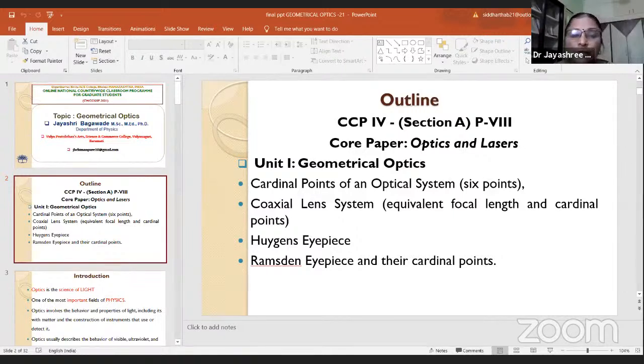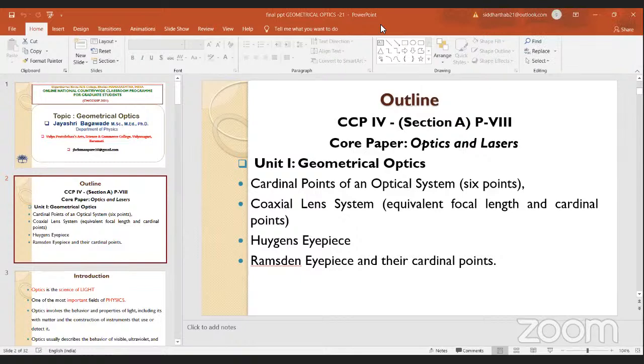Then we have to focus on another topic, and that is nothing but the Huygens eyepiece. There are two types of eyepieces in general. The first one is the Huygens eyepiece, and the second one is the Ramsden's eyepiece. And related to this, what are the important cardinal points here.